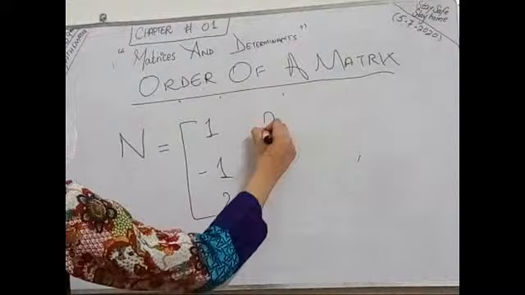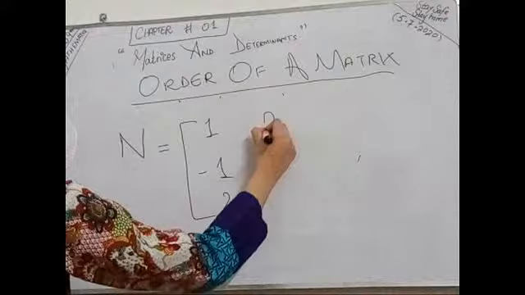Rows mean entries which are present in a horizontal way, and columns mean entries in a vertical way. So first of all, we'll see how many rows this matrix has. 1, 2, 3. It has 3 rows.